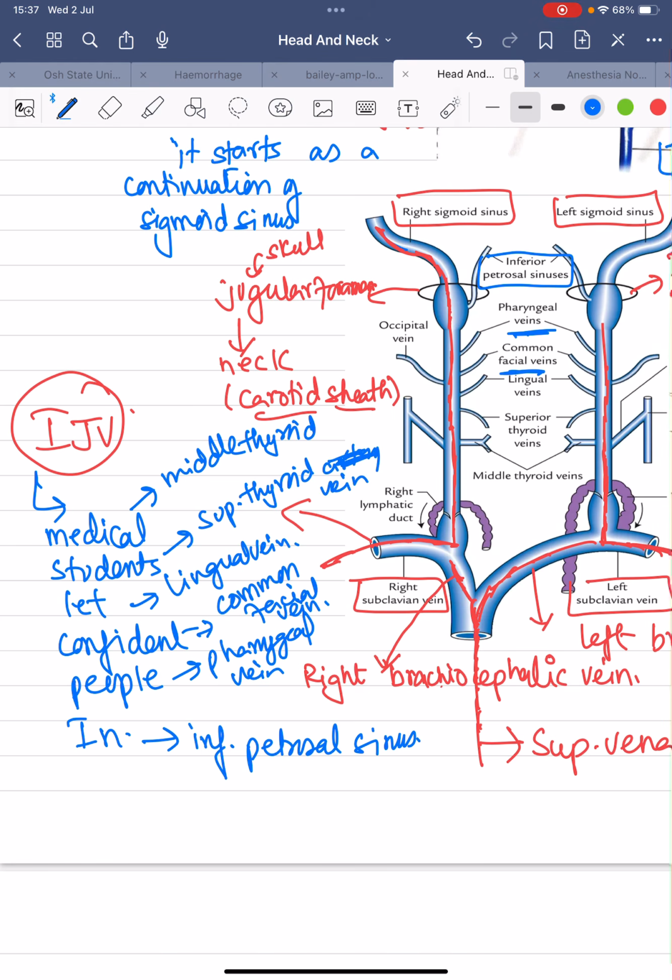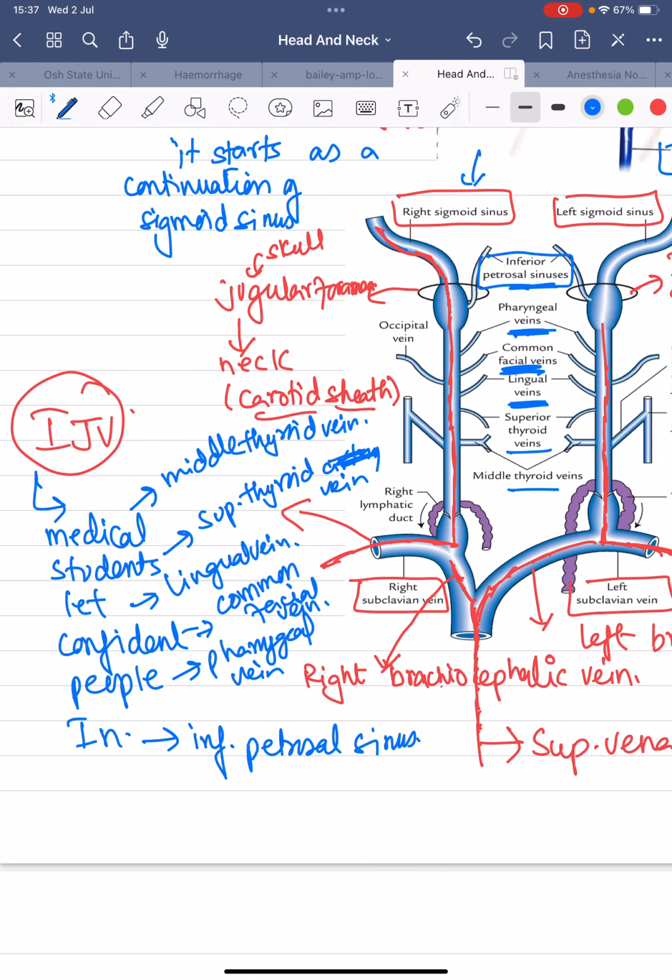So see here, middle thyroid vein, superior thyroid vein, lingual veins, common facial vein, pharyngeal veins, and then inferior petrosal sinus, all are draining into which vein? Internal jugular vein. Okay, so it is a direct continuation of which sinus? Answer will be your sigmoid sinus.